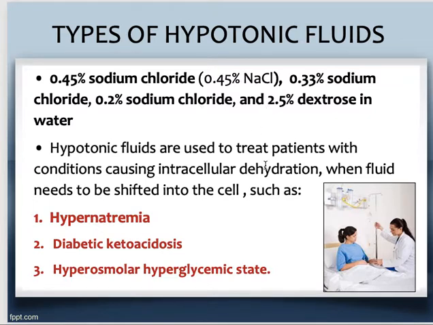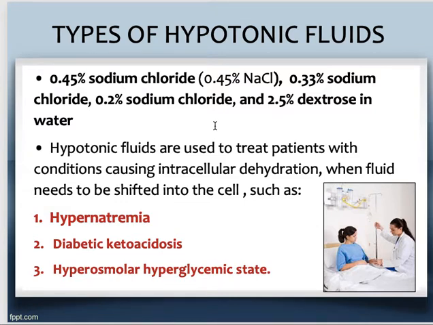Or, for example, 5% dextrose has the same tonicity as plasma. If we decrease the concentration of glucose in that solution to half, which becomes 2.5% dextrose, it will become a hypotonic fluid.